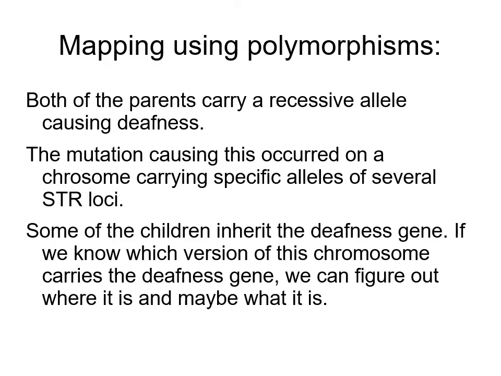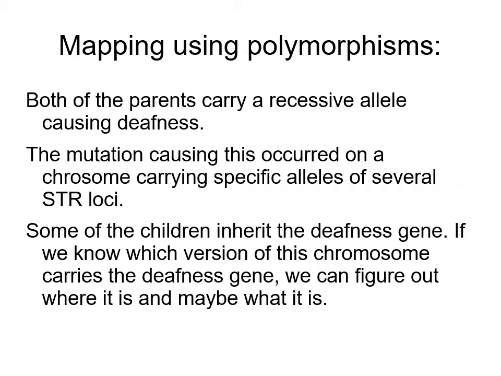Okay, so some of the children will inherit the deafness gene, but it's important to recognize with this kind of analysis that not everybody that gets those particular alleles is going to be deaf. It's just that that particular deafness gene is in the location of those STR loci. So again, it's not a cause, it's just a correlation.